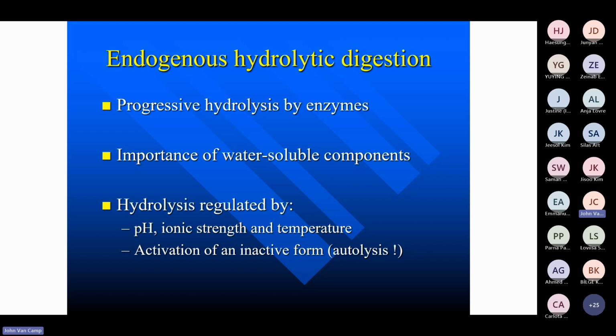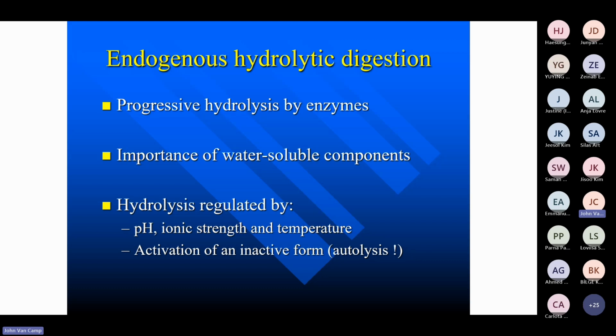The ionic strength, which is mainly linked to electrolytes, like for example chlorine or sodium, because sodium plays a quite important role in the absorption of different monomers, and the temperatures. But the temperature will not be changed here because we're talking about 37 degrees Celsius, which is the human body temperature. So in principle, you could change the activity as a result of temperature, but in our case, it will not be relevant.